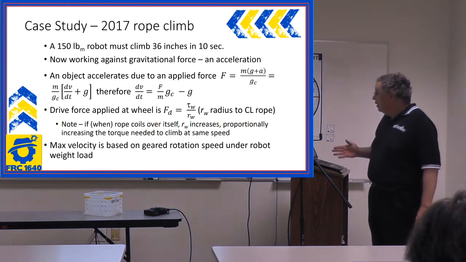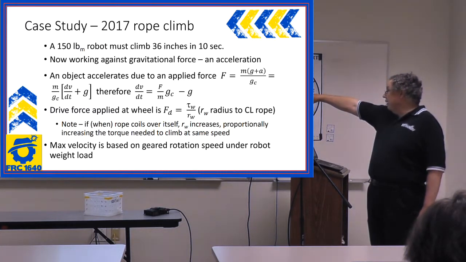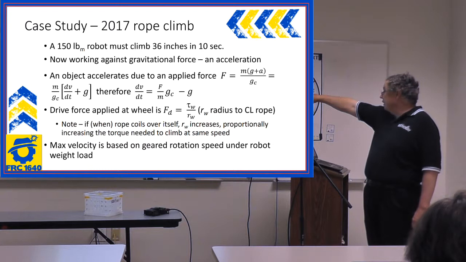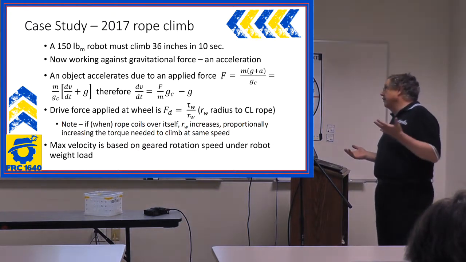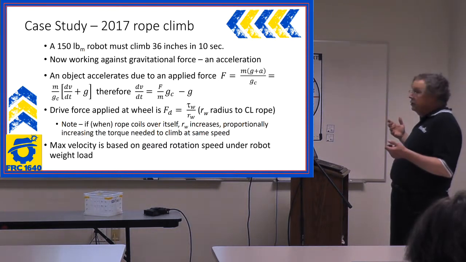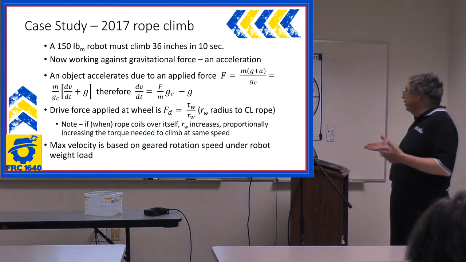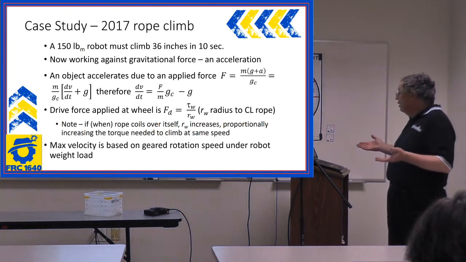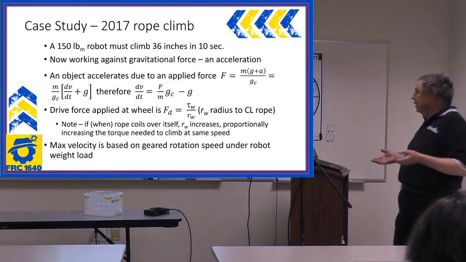So the basic equations are there. The force that I need to apply is equal to the mass of the robot times the gravitational acceleration plus your desired acceleration, divided by a constant. G sub c is a constant.